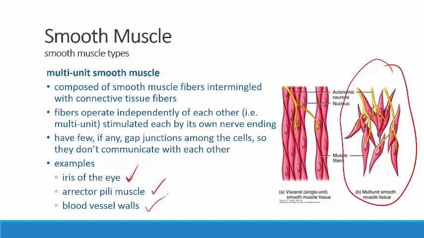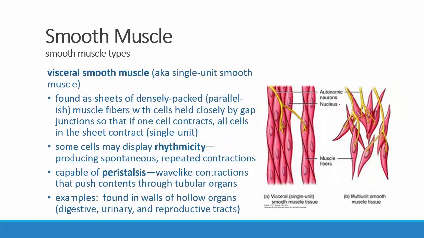So with multi-unit smooth muscle, individual neurons connect with perhaps multiples, but at least one, so each one has its own source of signal to contract, rather than what we're going to see in visceral or single unit smooth muscle. Visceral smooth muscle, also called single unit smooth muscle, is this kind here.